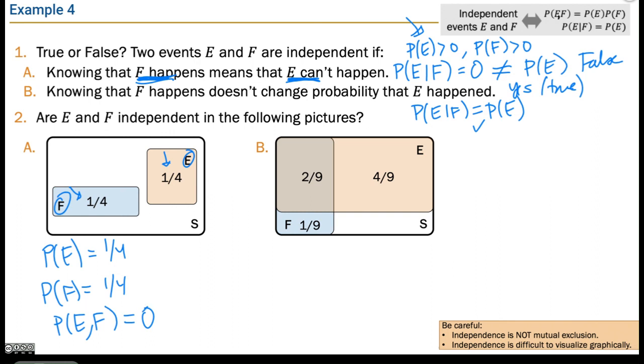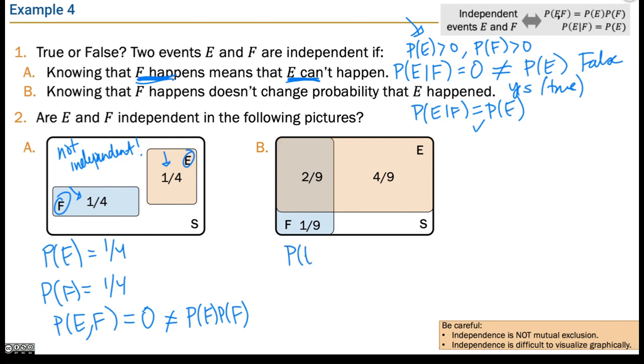Okay, and so I can see right now that's not equal to the product of both of them, so these are dependent. So not independent. They're dependent. What about in B? So again, I'm going to have to do this mathematically to see. Just because I have some overlap here, I can't necessarily conclude that they're dependent. Let's see what happens.